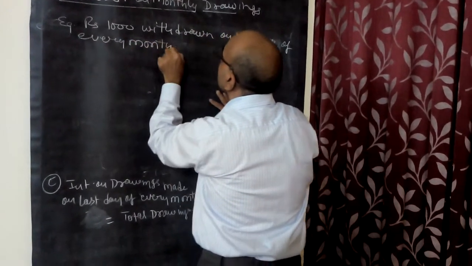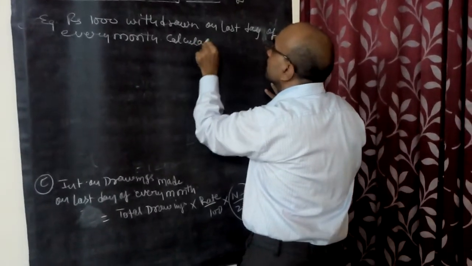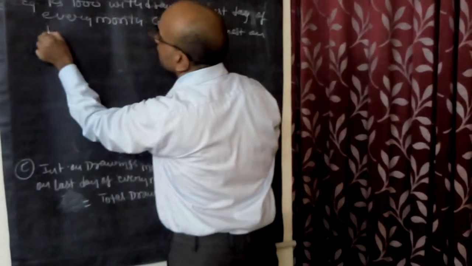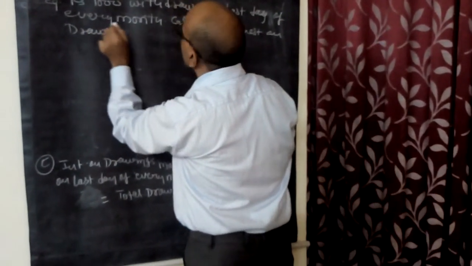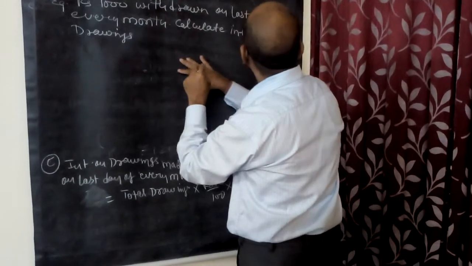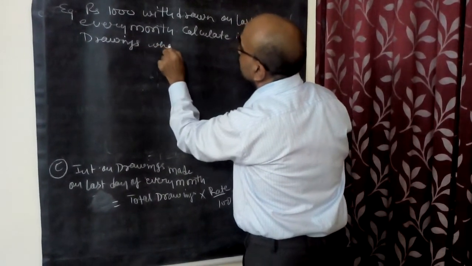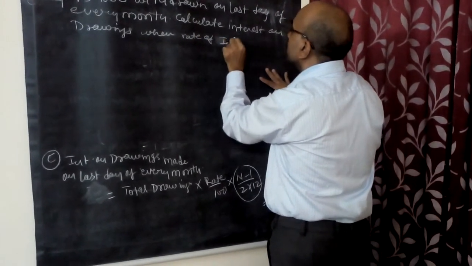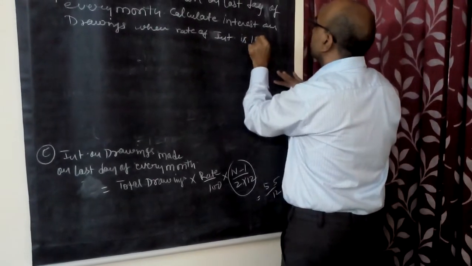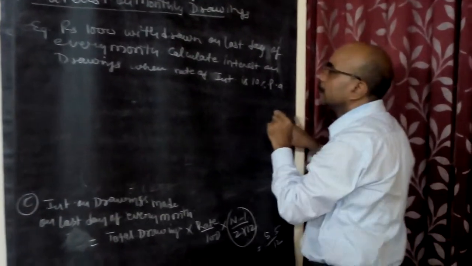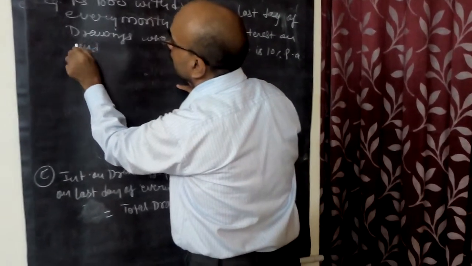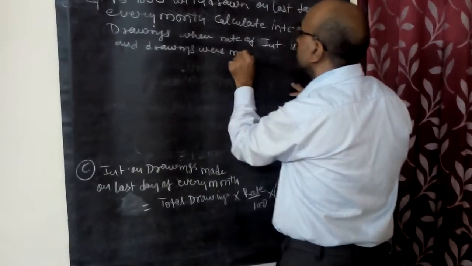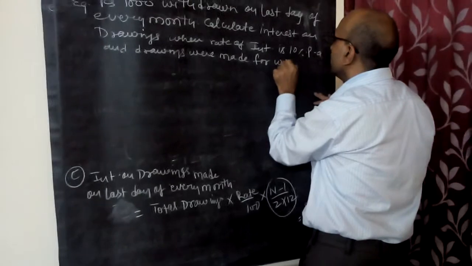Calculate interest on drawings when rate of interest is say 10% per annum, and drawings were made for the entire year. Whole year means 12 months.